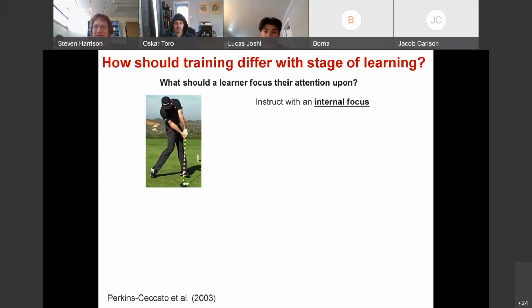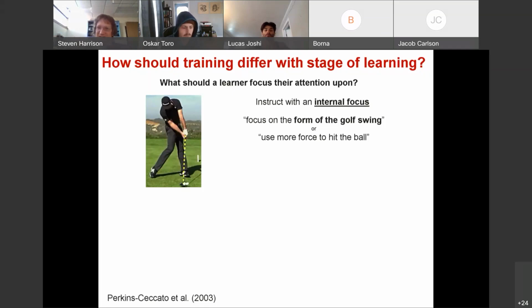Okay, so we're going to look at the example from the basic science literature, where one type of instruction that you could give someone is an instruction that has an internal focus. In the context of performing a golf swing here, an instruction with an internal focus would be something like focus on the form of the golf swing, or focus on what the posture of your leg is at a particular moment in the golf swing, or focus on the amount of force that you're hitting the ball with.